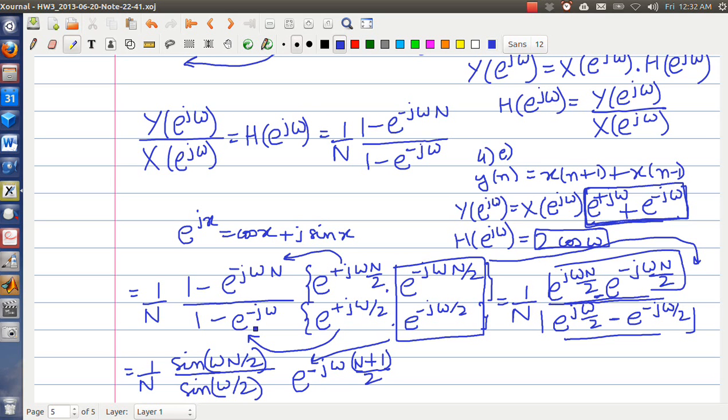So the magnitude can be written as simply the absolute value of this, and the phase is going to be negative omega n plus 1 over 2.